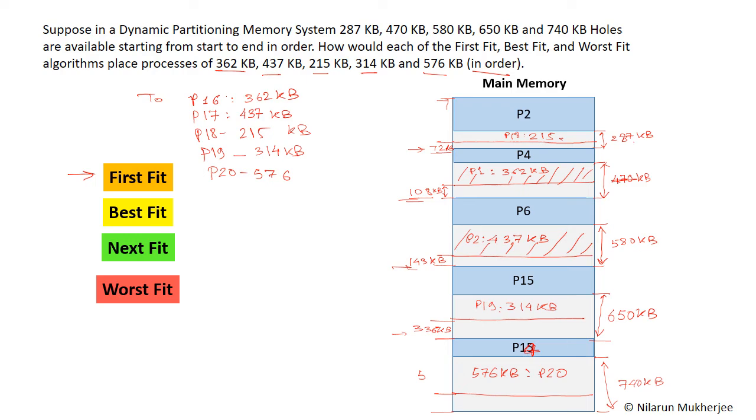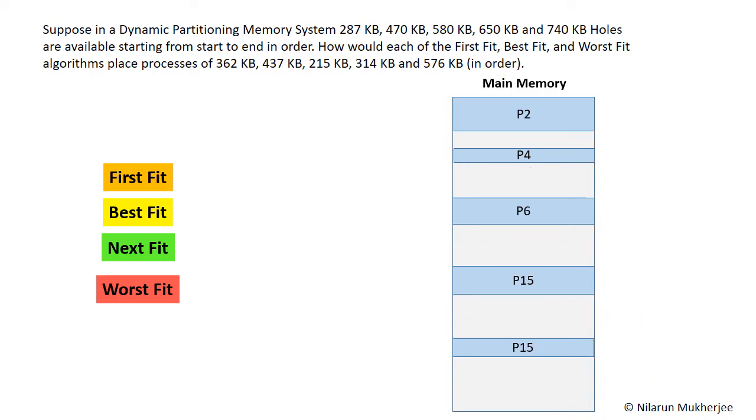So the leftover will be 740 minus 576, which is 164 kb. So this is how the first fit algorithm will work in loading the new processes.